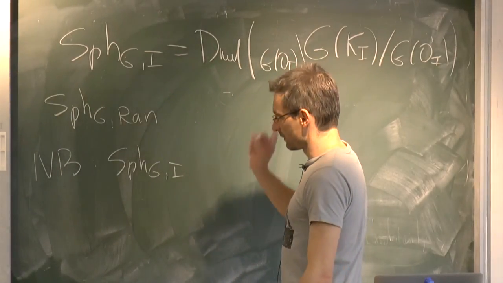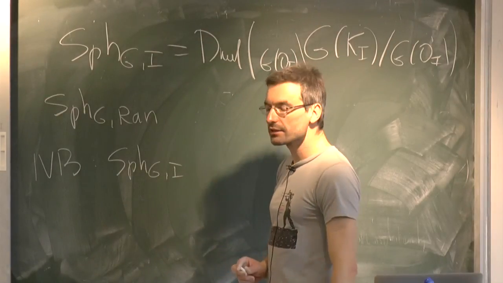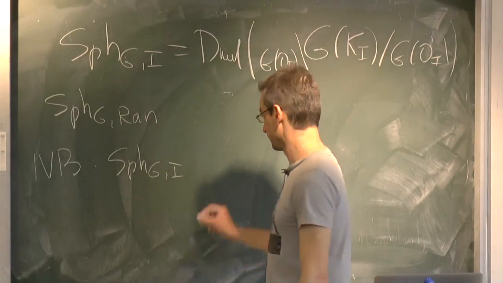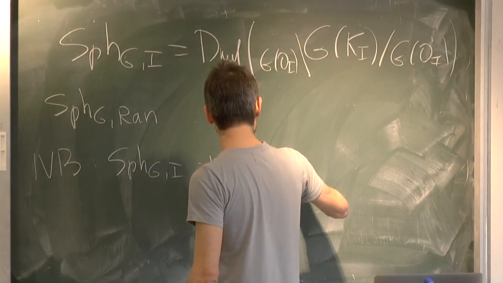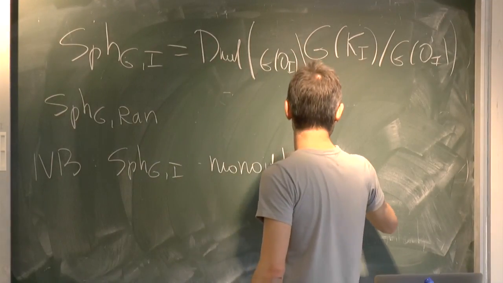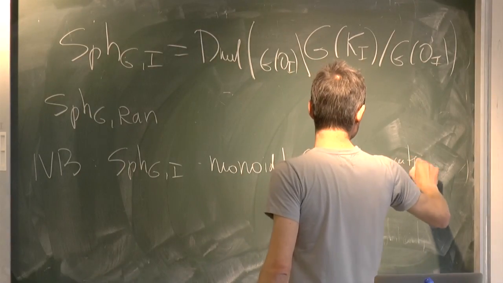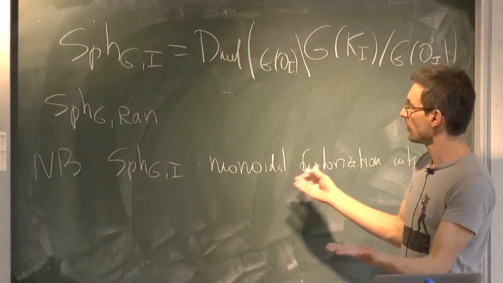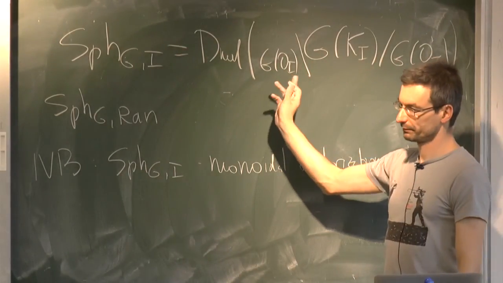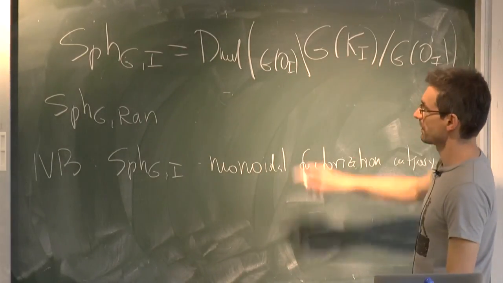One important piece of information is that it's not just a factorization category, it's a factorization monoidal category. So it's monoidal relative to the Ran space, and the monoidal operation is given by the same formula as before.